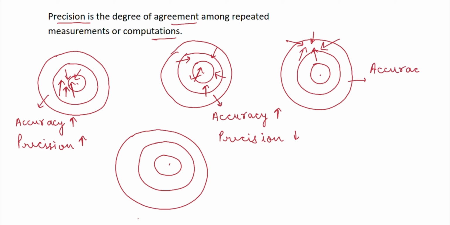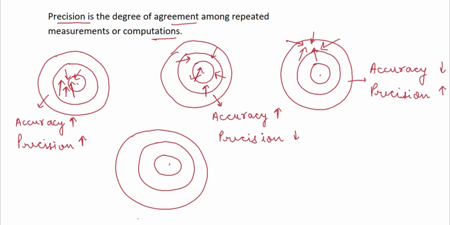Therefore, this case is higher precision but lower accuracy. This often happens when an instrument has a systematic error or has not been calibrated properly, and the results are hence consistent but consistently incorrect. So, this represents lower accuracy with higher precision.